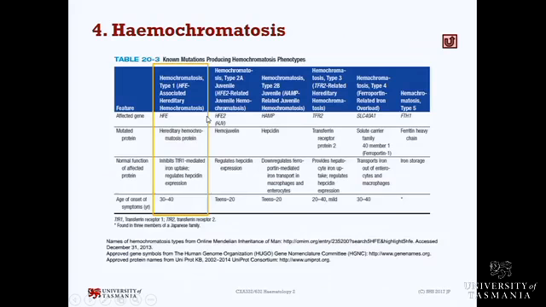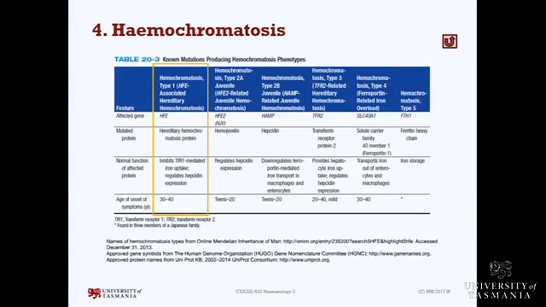Linking this to a slide at the end of your notes, you can see that since then a number of different mutations have been detected. They all produce what we call a hemochromatosis phenotype. Hemochromatosis type 1 is with the HFE gene, the first one that was discovered, and it is the most common form of hemochromatosis.